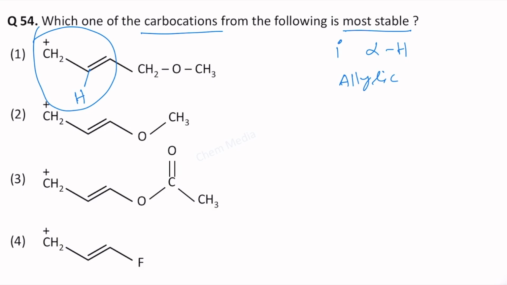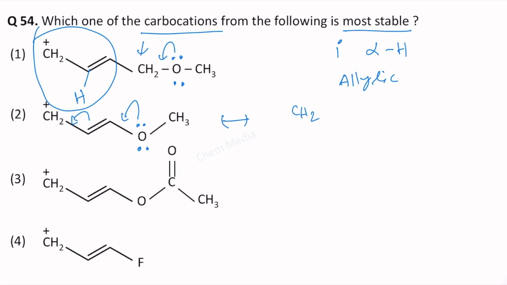That's the question here. Even though in the first 2 cases we do see methoxy, there is a CH2 in between in the first case. Therefore, it won't be stabilizing the charge as much as the methoxy group does. So, we can write a resonance structure for this in this way that can stabilize the charge.